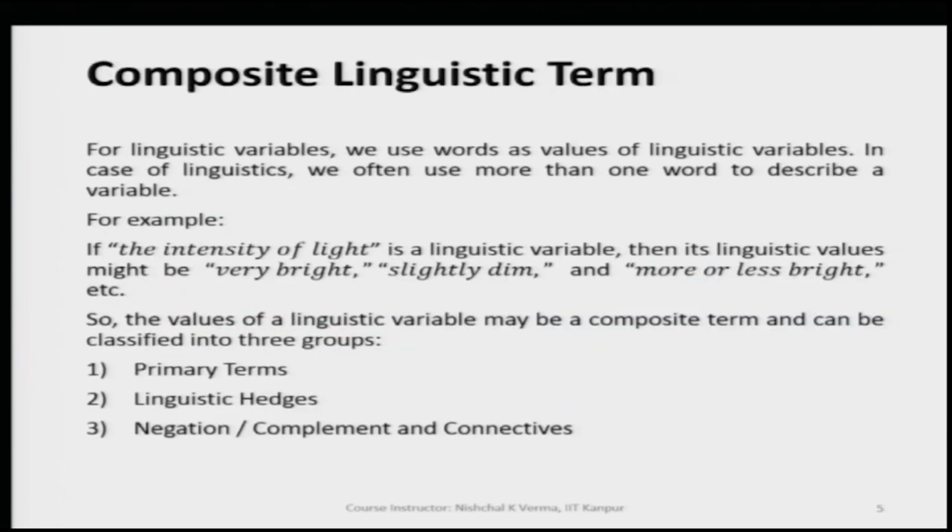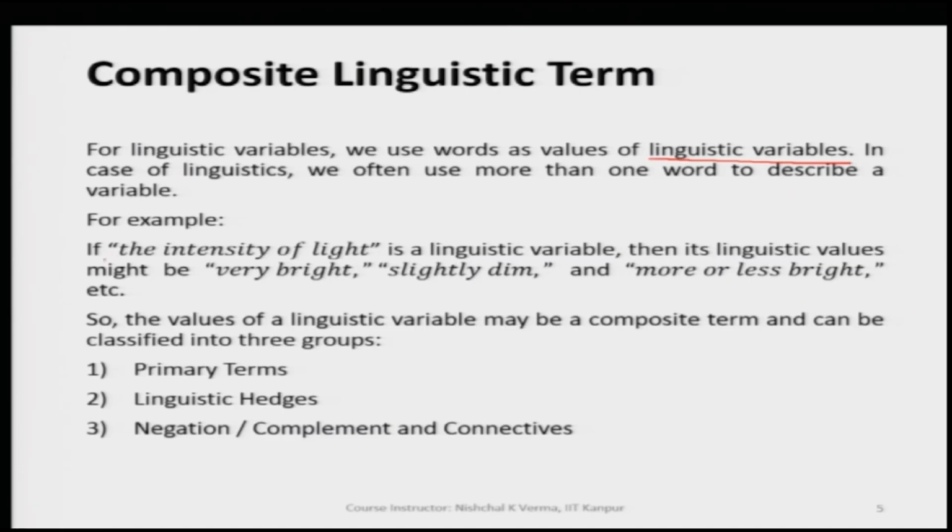Now comes the composite linguistic term. So, here for linguistic variables we use words as values of linguistic variables. In cases of linguistics we often use more than one word to describe a variable.